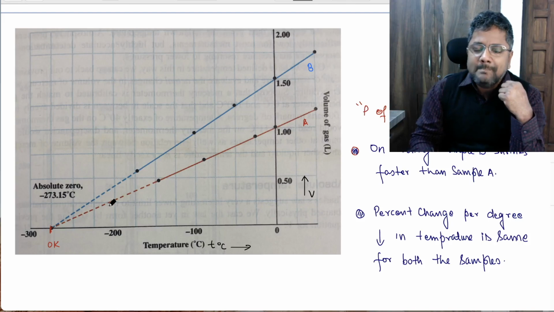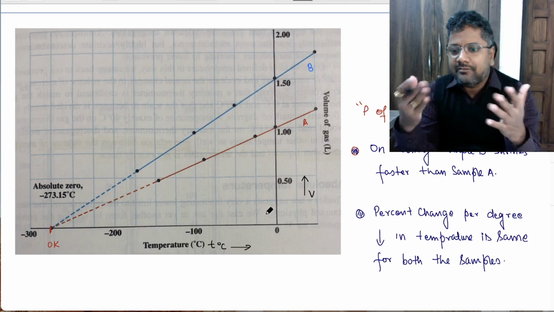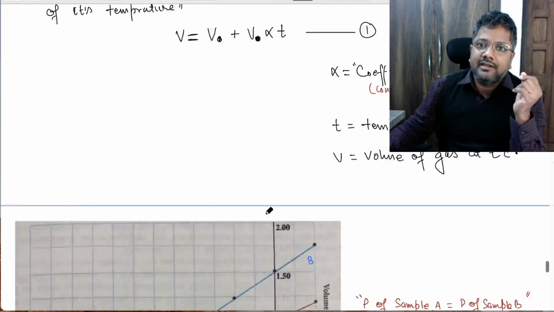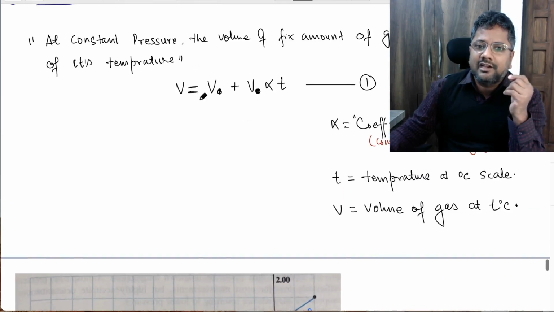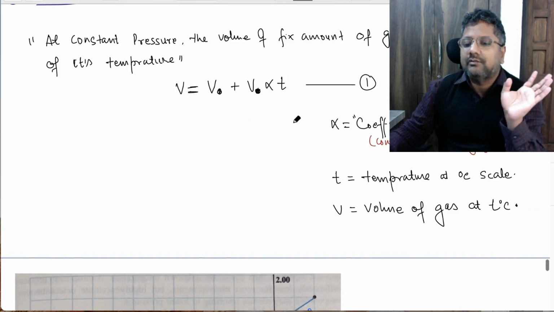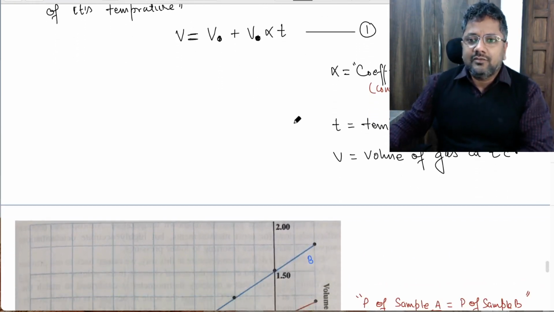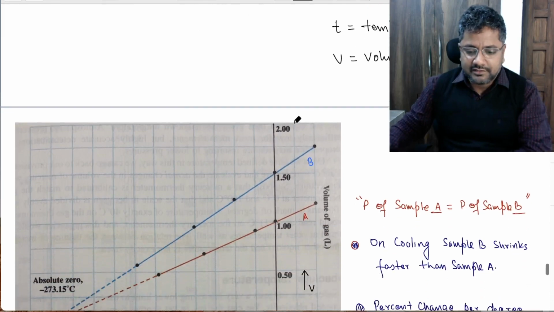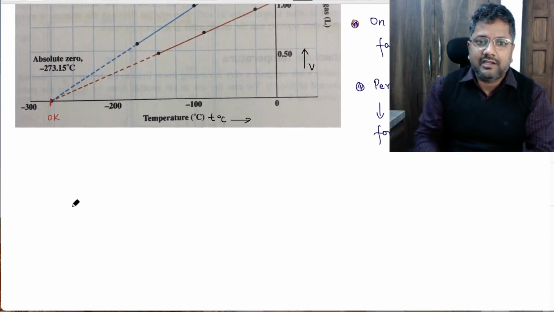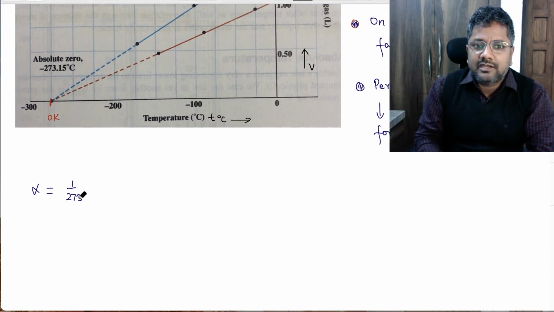So basically, when you simplify the above equation that I have written here, you will get the relation between V and absolute temperature, right? Now see, this value of alpha is determined experimentally. Alpha is equal to 1 by 273.15 per degree Celsius.